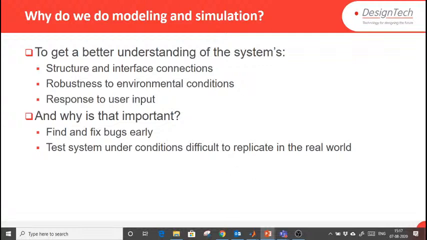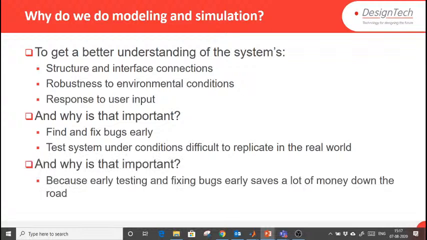Sometimes it is very difficult to identify the conditions and issues in the real world, but virtually whatever you want you can do using Simulink. And why is this important? Because early testing and fixing bugs early saves a lot of money. Of course it will save a lot of money down the road, right?